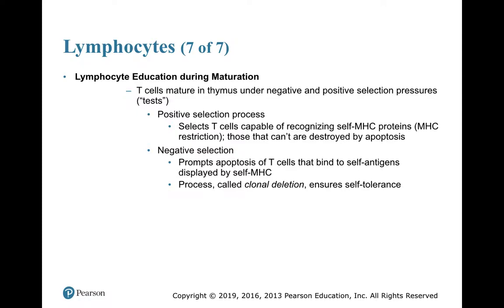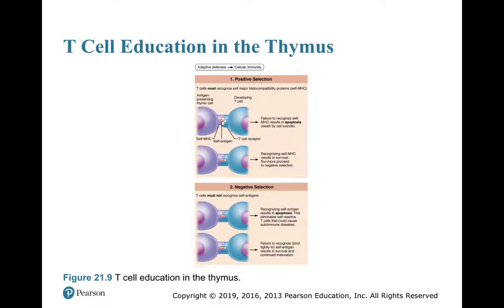In negative selection, if you recognize a self-antigen, an MHC, you would eliminate that clone because it would be autoreactive. So we need to be able to see self, but not too strongly. We select for those that can see self, but not strongly, and negatively select those that do see self too strongly. And that gives us this idea of self-tolerance. And that happens within the thymus.